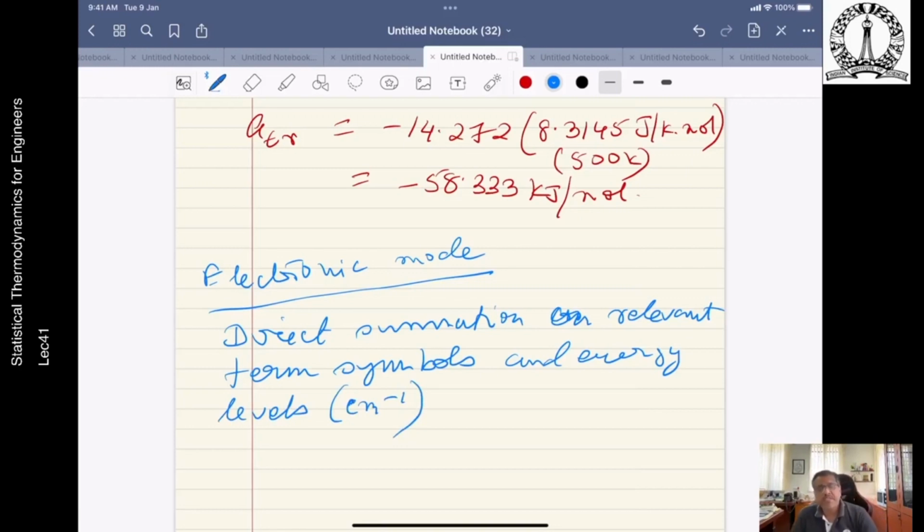This is tabulated in Appendix J of the book. Feel free to go there and check.